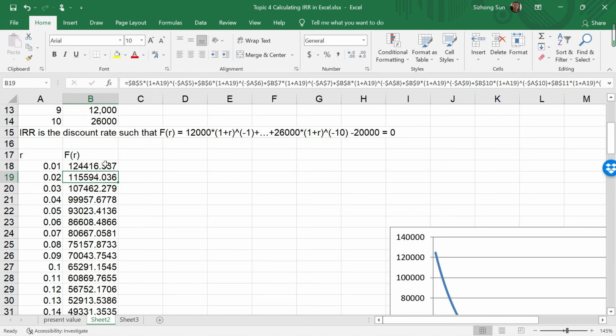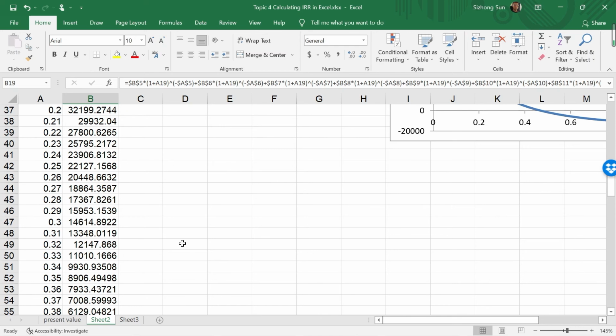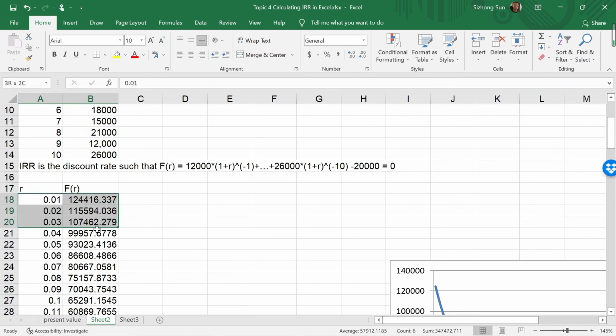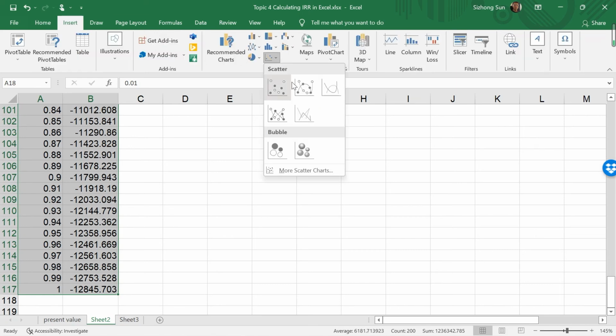So it calculates to be this number. If r is 0.02, it calculates to this number, and so on and so forth until 1.